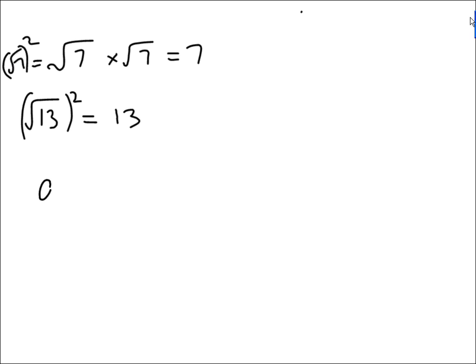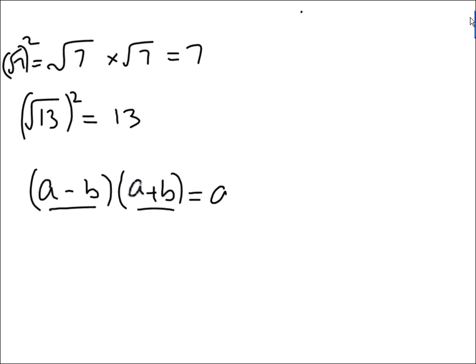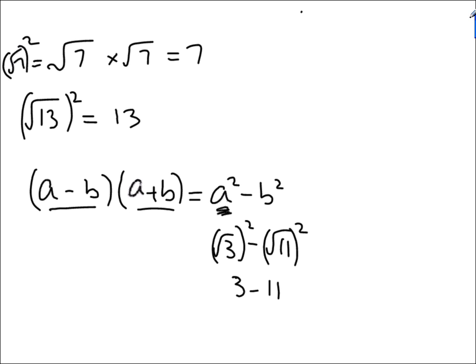Now, if you have a minus b, you multiply it by its conjugate, a plus b. Or if you have a plus b and you multiply it by its conjugate, a minus b, you'll get a squared minus b squared. And if a were, say, the square root of 3, and you square a, and b was the square root of 11, and you square b, well then you will have no more radicals.